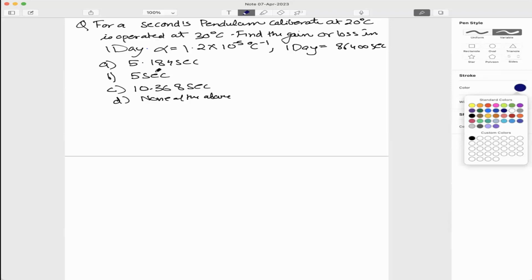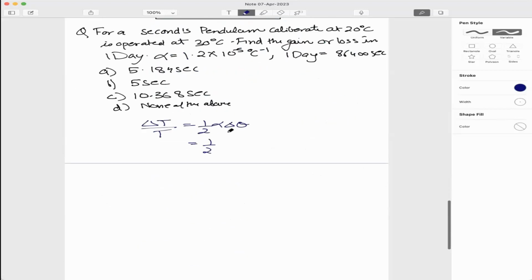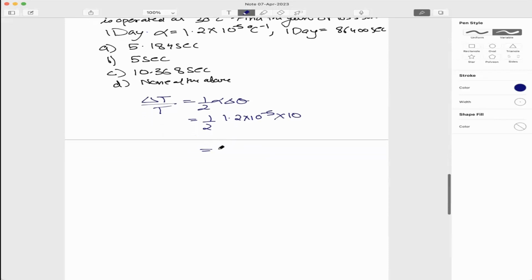So we need to find the gain or loss in 1 day. We know delta T by T comes out to be 1 by 2 alpha delta theta. So that is 1 by 2, alpha is 1.2 into 10 to the power minus 5, into the change in temperature, that is 10 degrees. So it comes out to be 6 into 10 to the power minus 5.